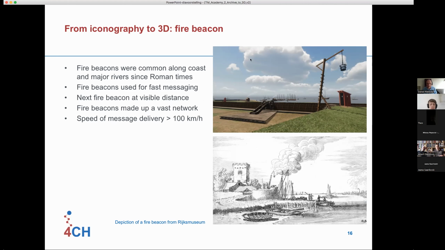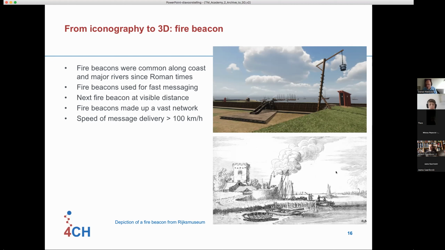From the data that we have, the speed of this message delivery was over 100 kilometers per hour. So better than a car, typically. That means in a couple of hours, if something was happening in Belgium, in the north of the Netherlands, they would know it. So that's what it was used for.